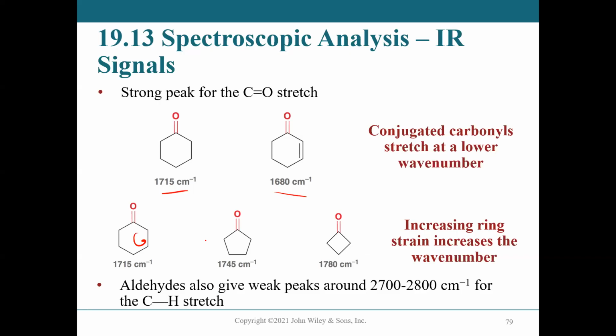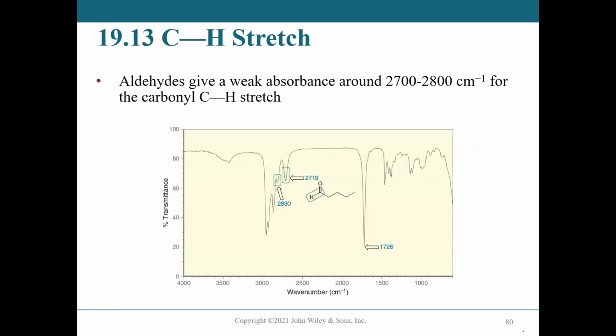You can see it went from a 6 to a 5 to a 4, and we increased the wave number. So aldehydes give a weak absorbance around 2700 to 2800 for the carbonyl CH stretch. You see that right here.